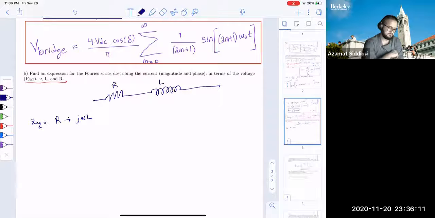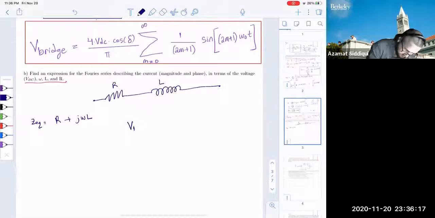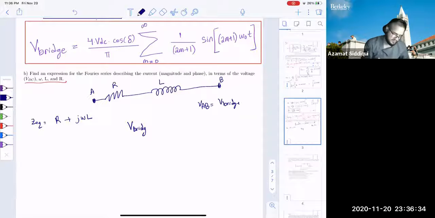So we know that the value for the current is going to be what? This is going to be V bridge, right? Because this is our A and B, and the voltage between A and B is going to be our V bridge, which we found right there.